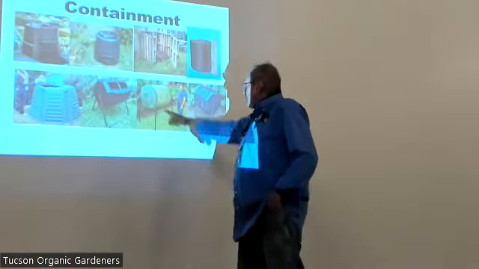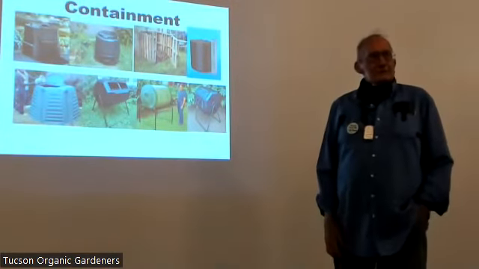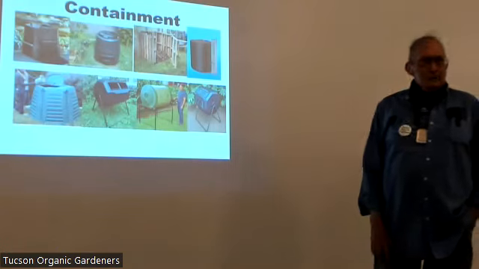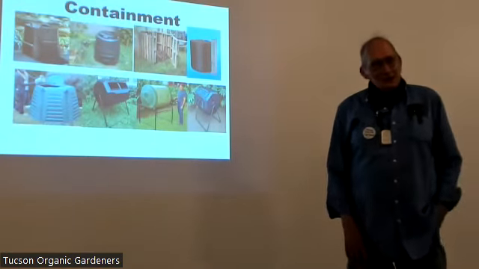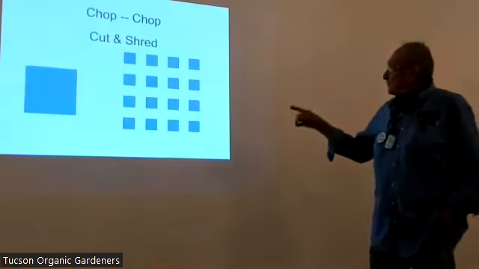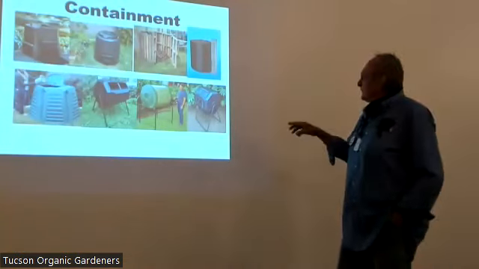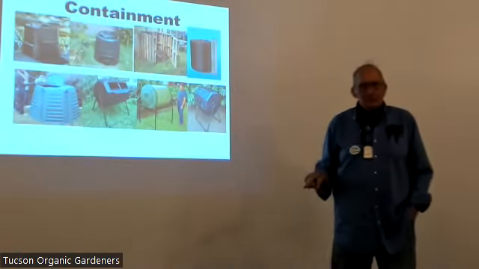Tumblers, I've been through 2 of these. They hold 55 bushels. That's 150 gallons. But they make compost. One thing, if you're using any of the tumblers, they're not cement mixers.